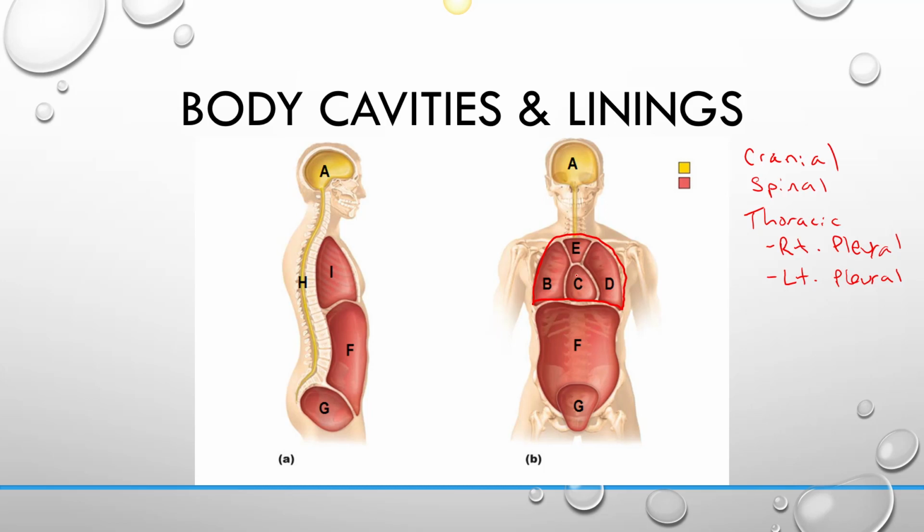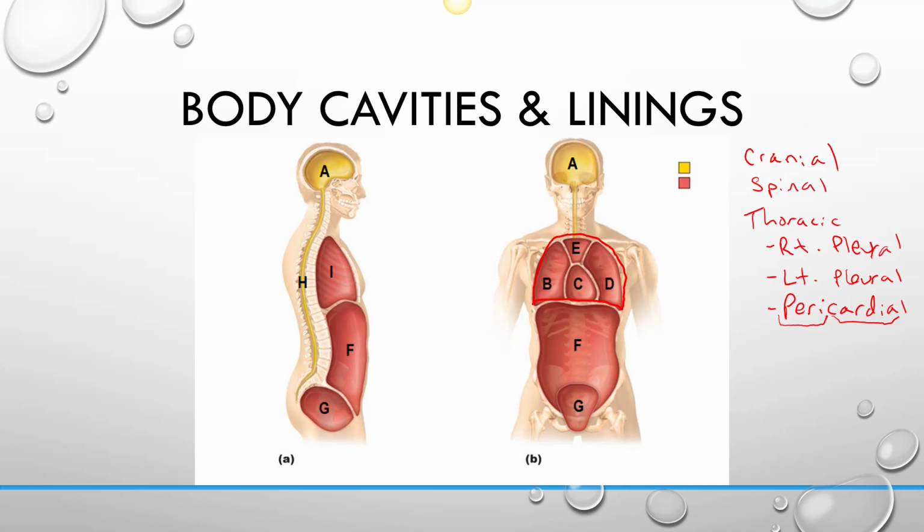Then we have the pericardial cavity. The pericardial cavity contains the heart. If you break this down, peri means to surround and cardio is talking about the heart, so pericardial literally means it surrounds the heart.